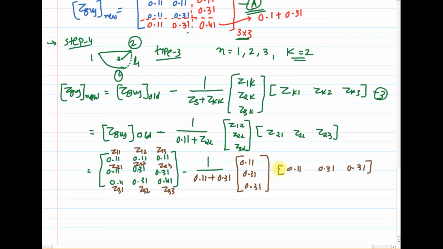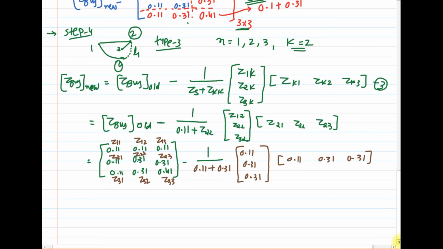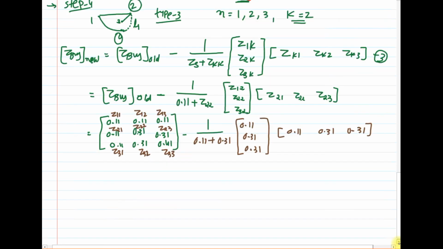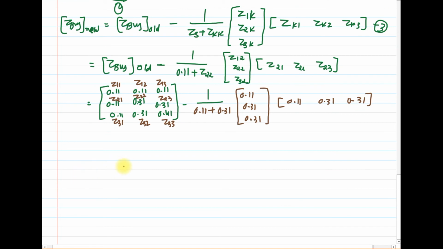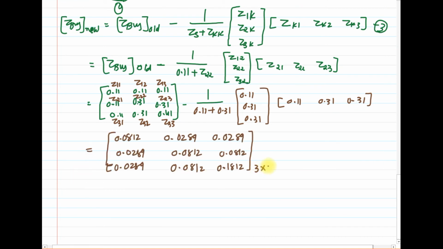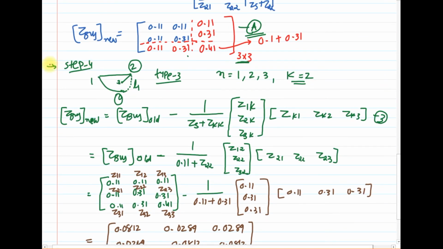The row vector is the transpose of your column vector. Clear? So I will directly write the final answer. This is your final answer after the fourth modification for link L1, which is connected between this bus number 2 and the reference bus. Clear?